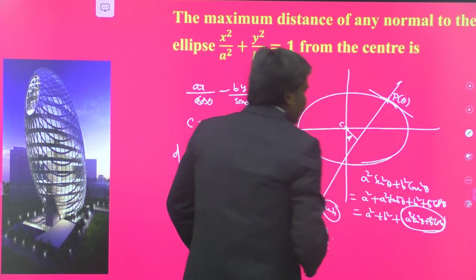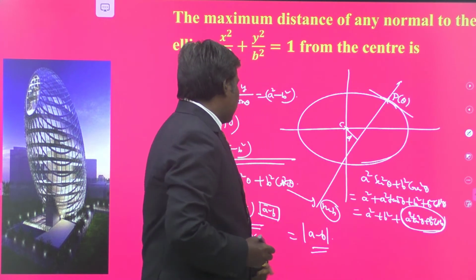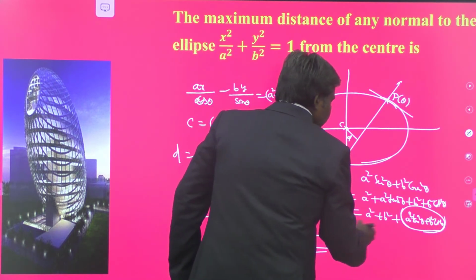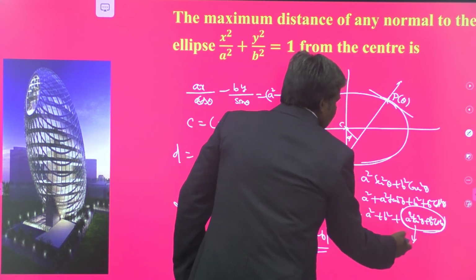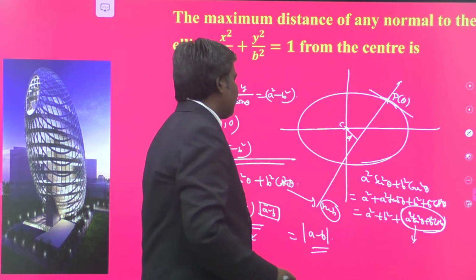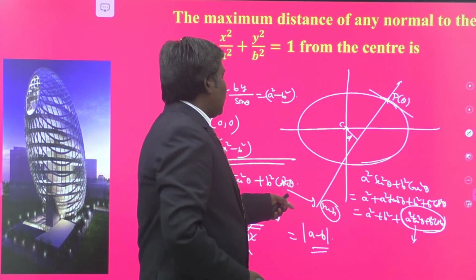So apply arithmetic mean is greater than or equal to geometric mean. This becomes 2ab. A square plus b square plus 2ab. So it has the minimum value a plus b whole square.